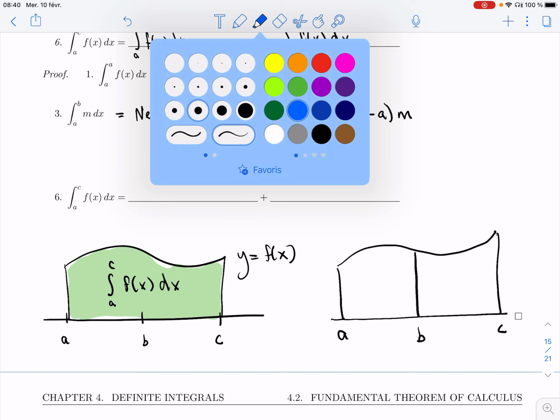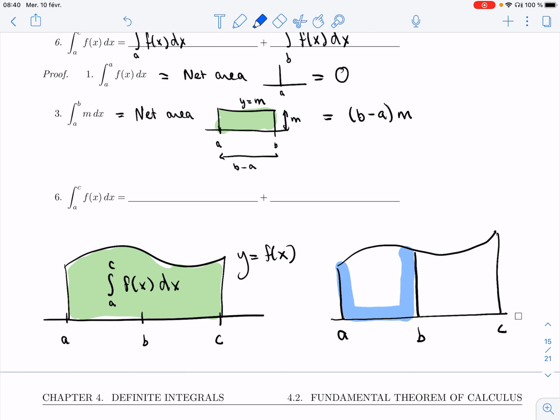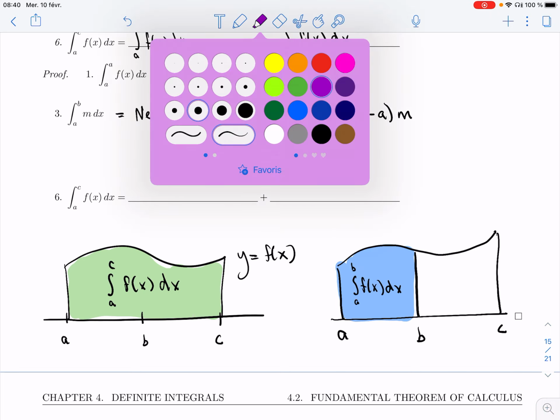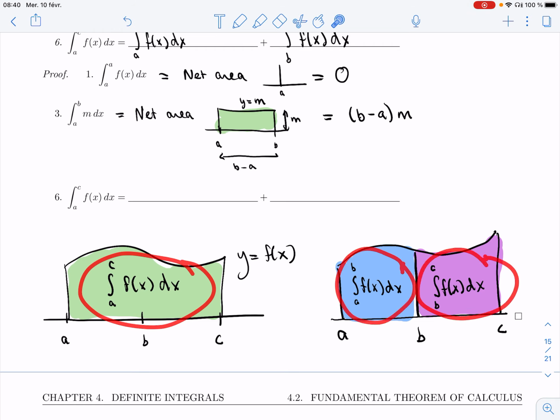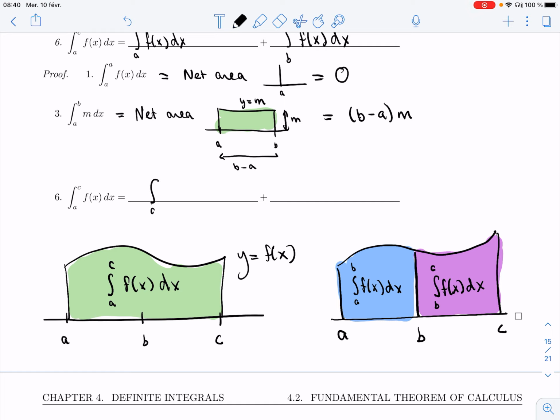So I would get blue, all right? So blue is from A to B, so this would be the integral from A to B. And then this pink part, well, the top is still y equals f of x, but I'm going from B to C, so the bounds are going to be different, but the function will be the same. All right, so that means that this is equal to this plus this, the 2 different parts of the area. So that's all.